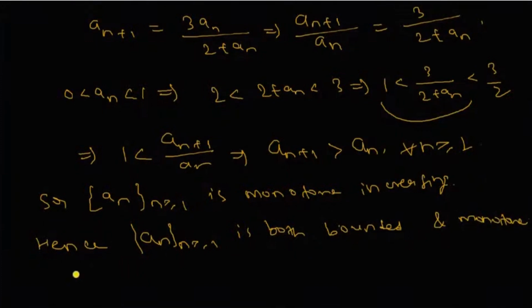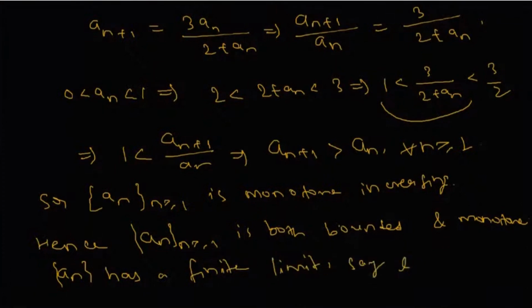So by the Bolzano-Weierstrass theorem, a_n has a finite limit, say L. Okay, that is, the limit as n tends to infinity of a_n is equal to L.